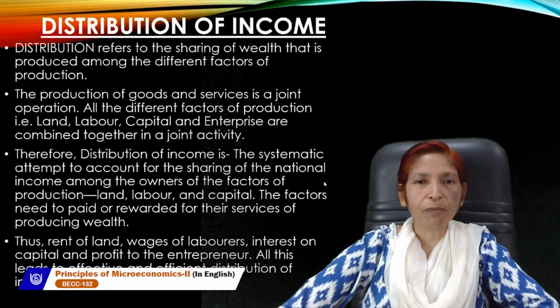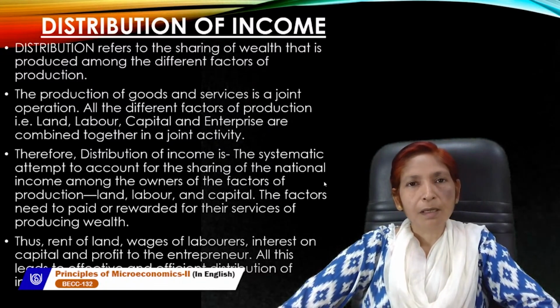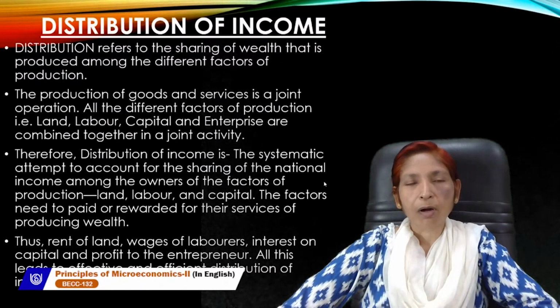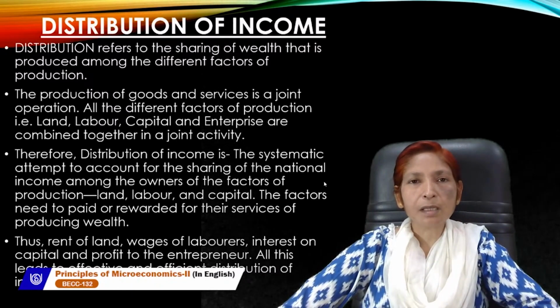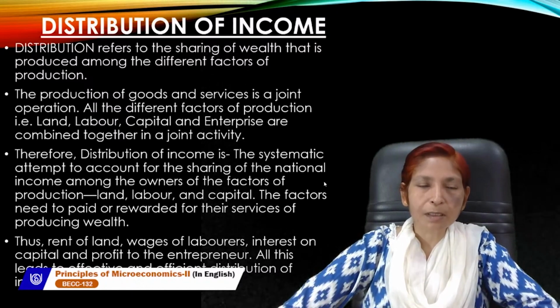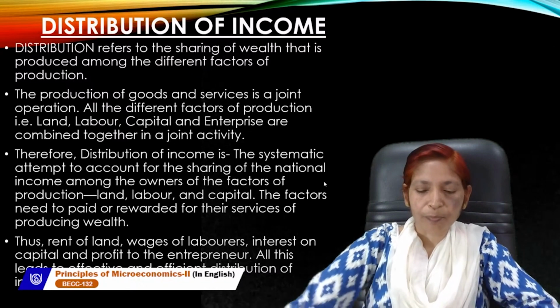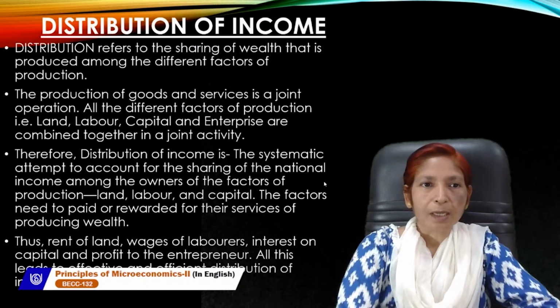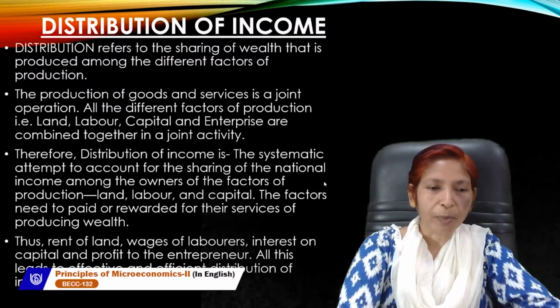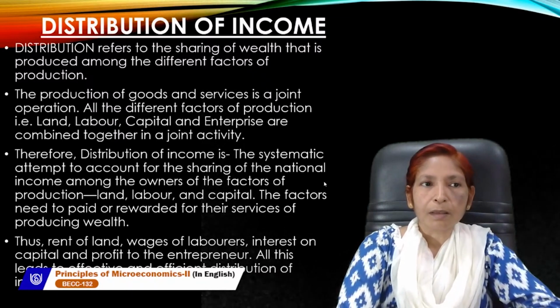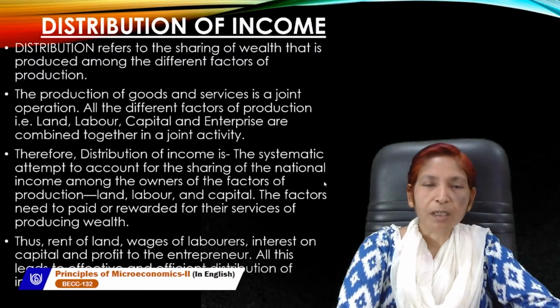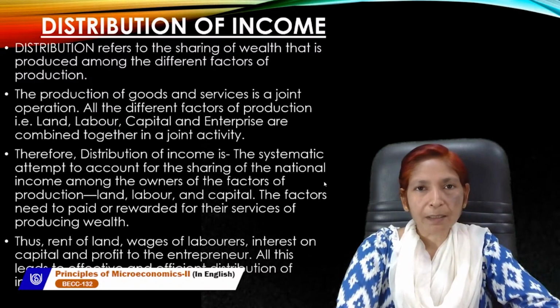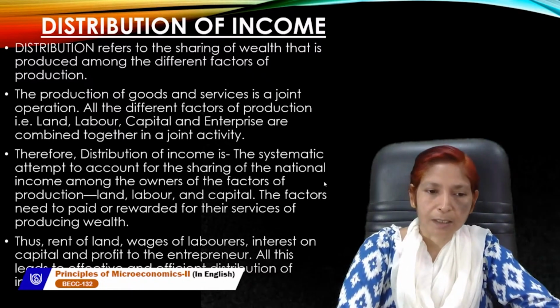So, distribution of income tells us how income or national income is distributed among these factors of production after rendering their services in the production of goods and services. As we discussed in this topic, income is distributed to land in the form of rent.